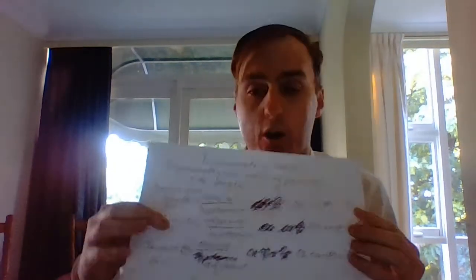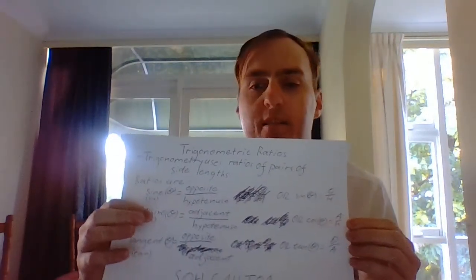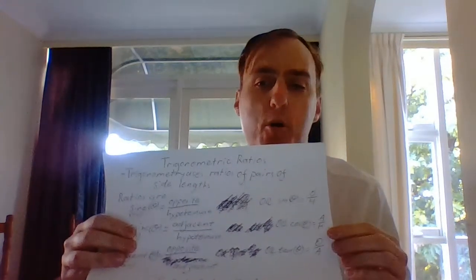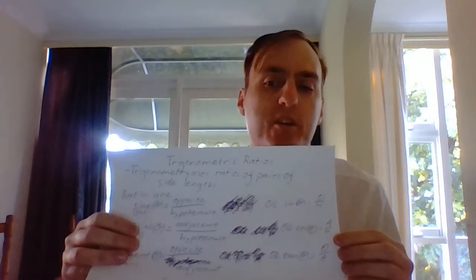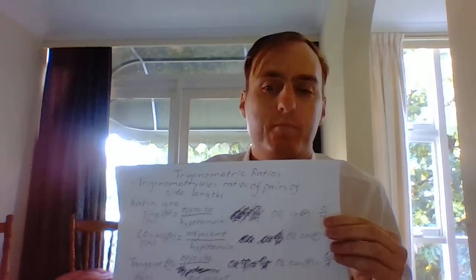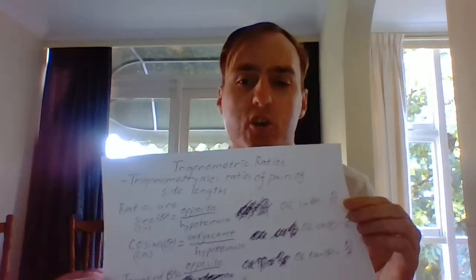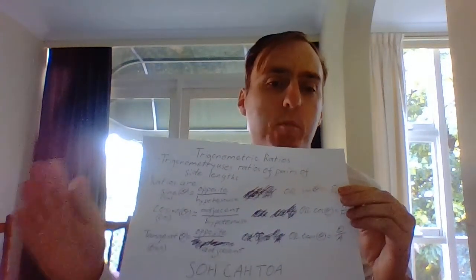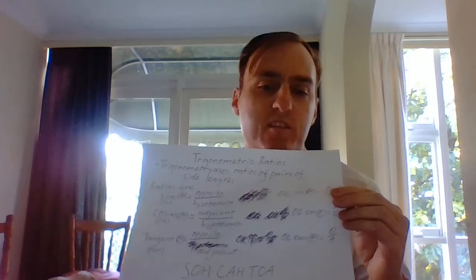The second ratio is cosine theta, which is equivalent to the adjacent divided by the hypotenuse. This can be written as cos theta equals A divided by H. The final ratio is tangent of theta, which is equivalent to the opposite side divided by the adjacent side.